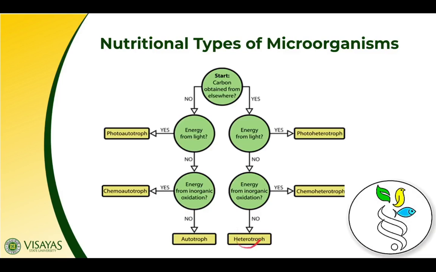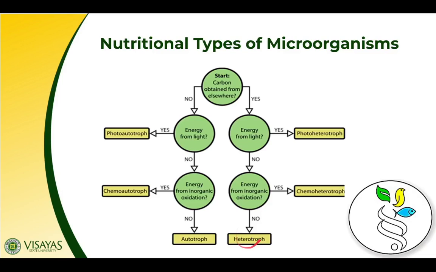If light is the source of energy, that is a phototrophic organism. If inorganic compounds are the source of energy, then chemotrophic microorganisms. So this is again another representation of heterotrophy and autotrophy.